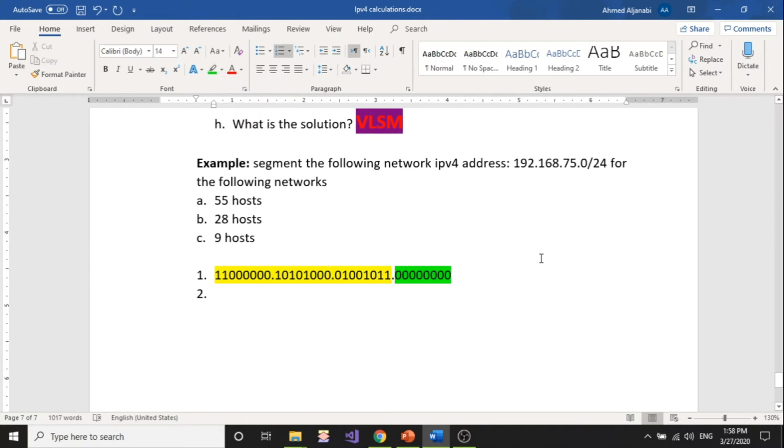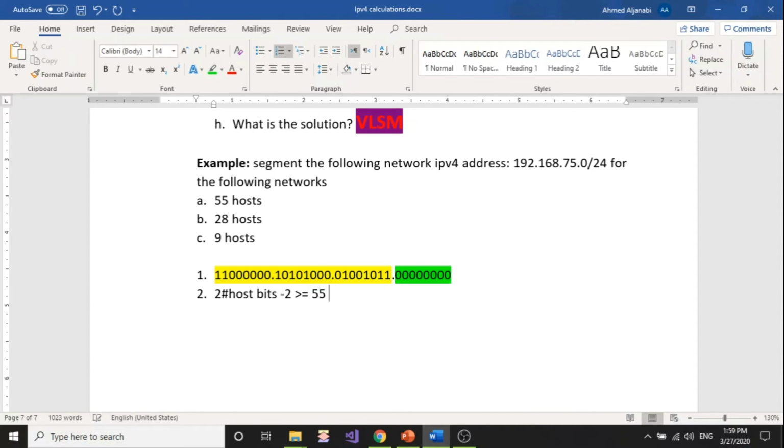green. Now, since I need 55 hosts, I need to understand how many bits I need to borrow to be able to have 55 hosts. Well, again, remember, we use 2 to the power of the number of host bits minus 2 should be greater or equal to 55.